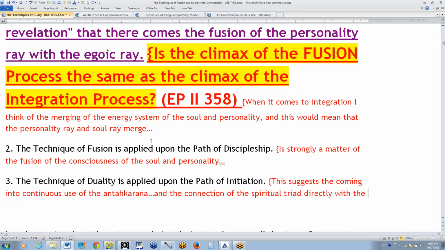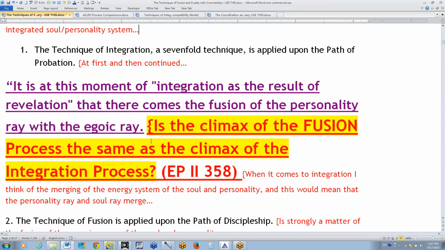All right, so as DK says, at different stages upon the path, these techniques are applied.